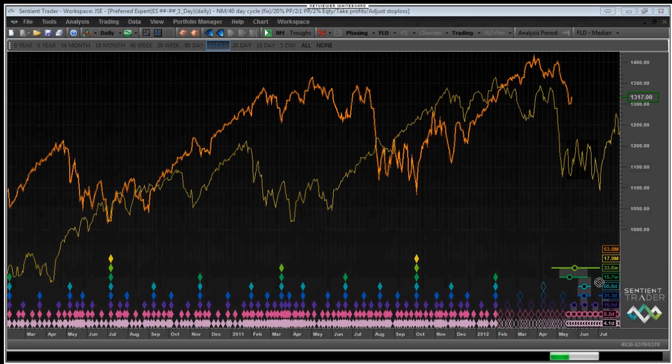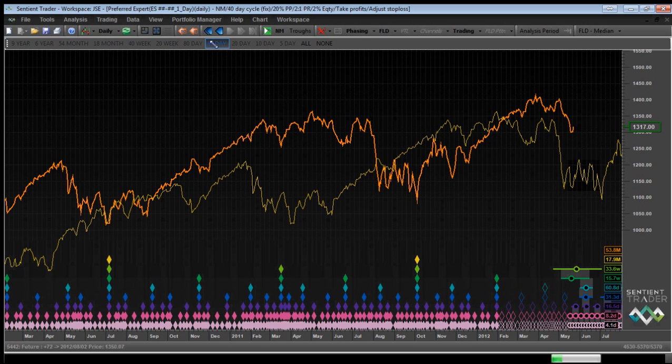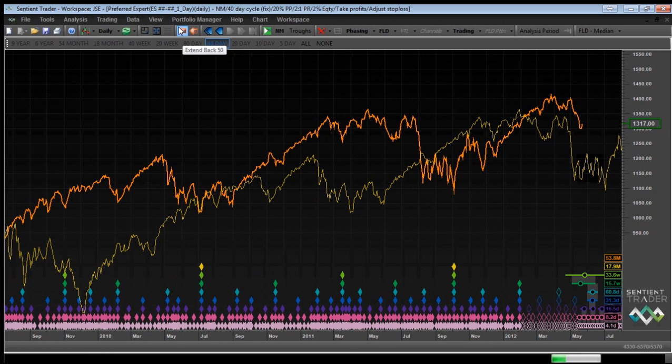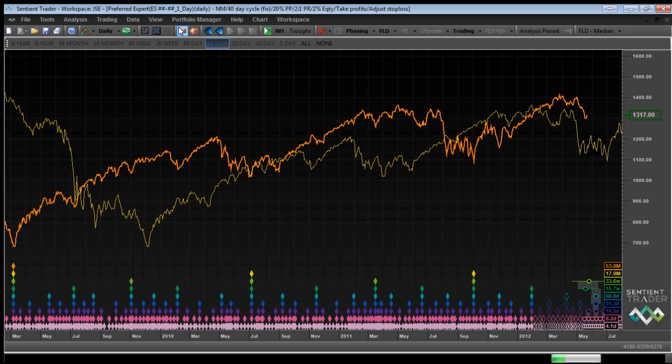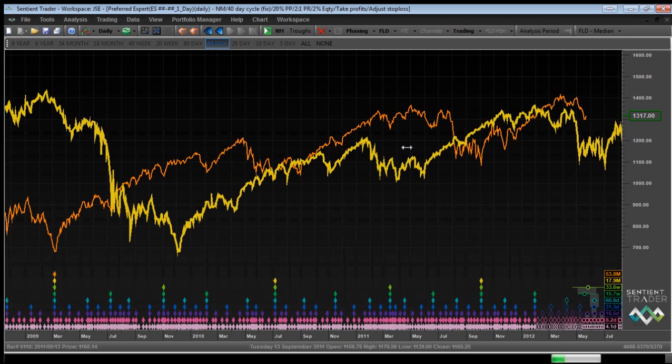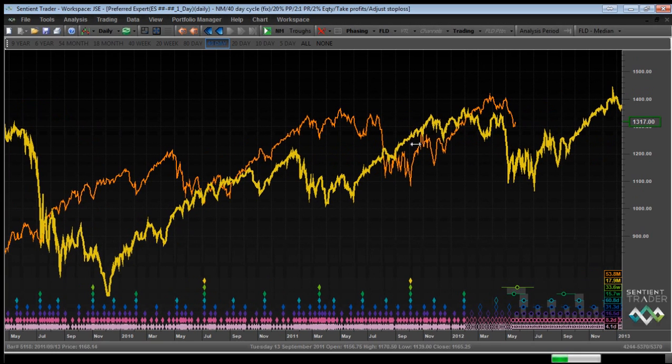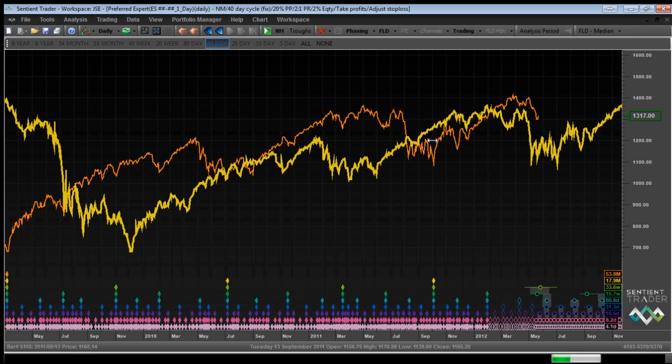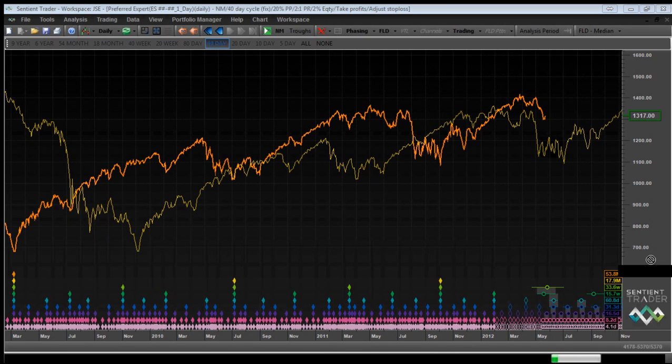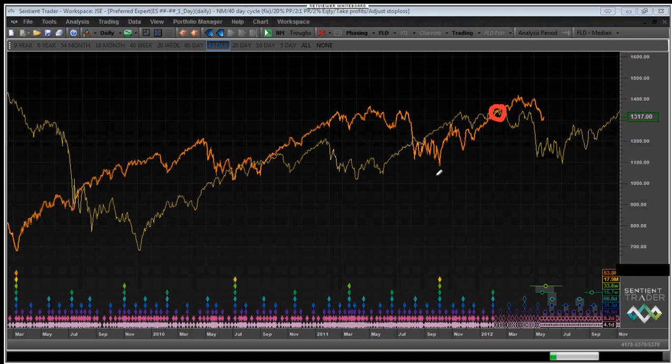Let me change the scale slightly and zoom out a little bit to demonstrate my point, because this is the analysis that we're looking at here. I just want to get that 54-month cycle trough there. So when price crossed this 18-month FLD there, we would have generated a projection upwards.